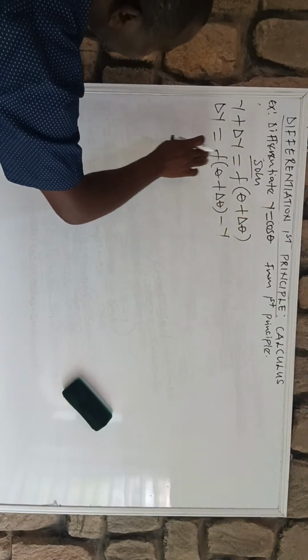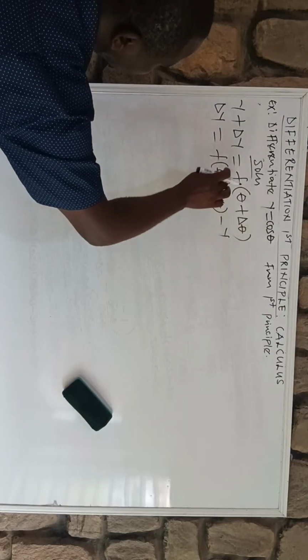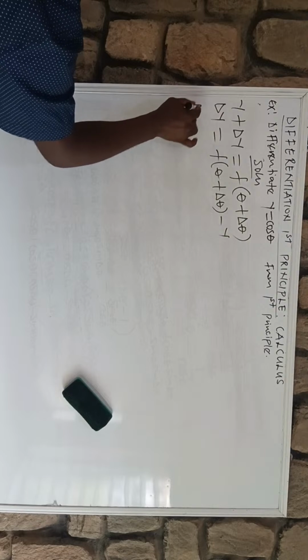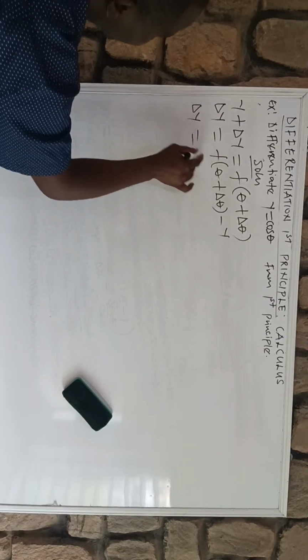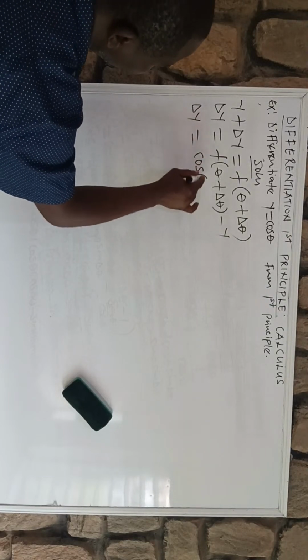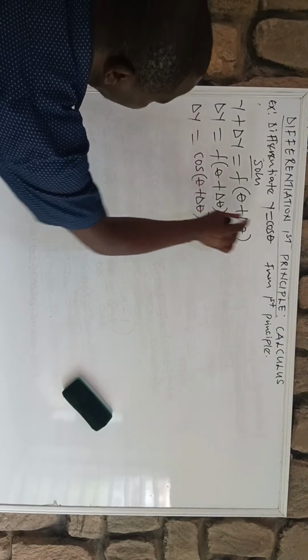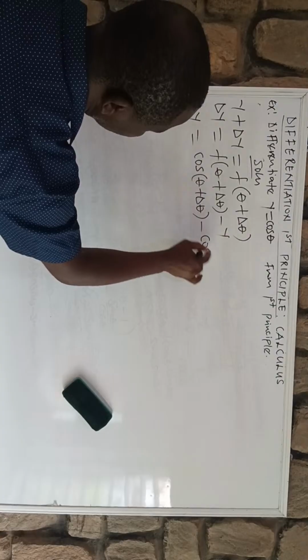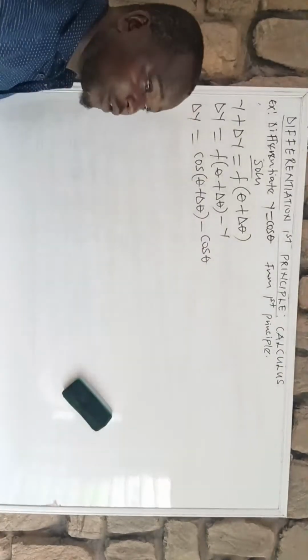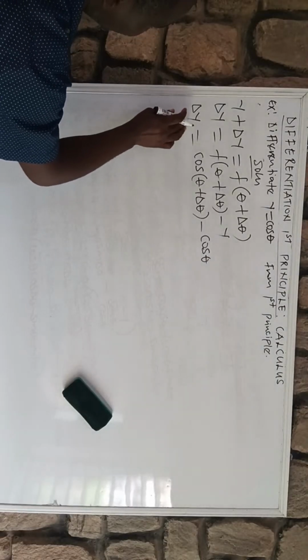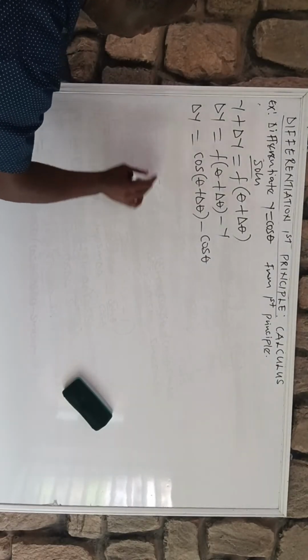Then our y is given as this, cos theta, we equate it with this, then the whole equation will now be cos open bracket theta plus delta theta minus cos theta. True or false? It's true, right? Okay, so we now go back to the trigonometrical formula.